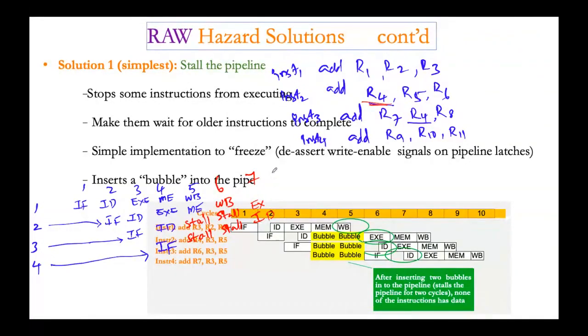In the eighth cycle, your third instruction will get into memory, and your fourth one gets into execution mode. In the ninth cycle, the third gets into write back, and your fourth will get into memory. At the 10th cycle, your fourth will enter into write back stage.